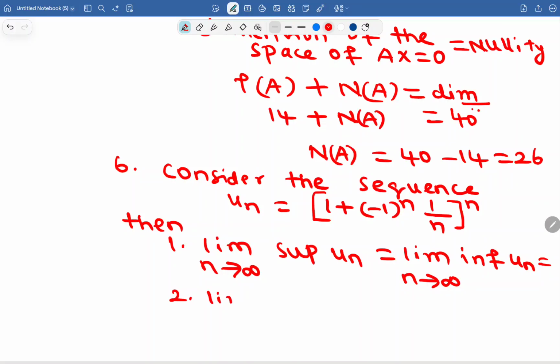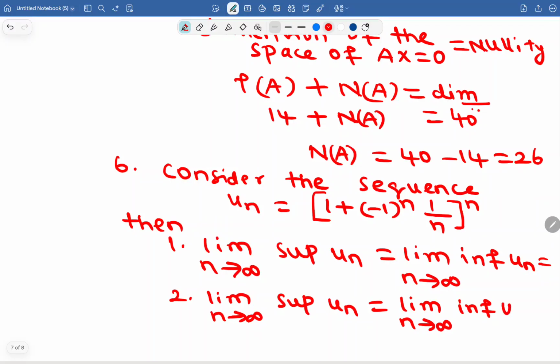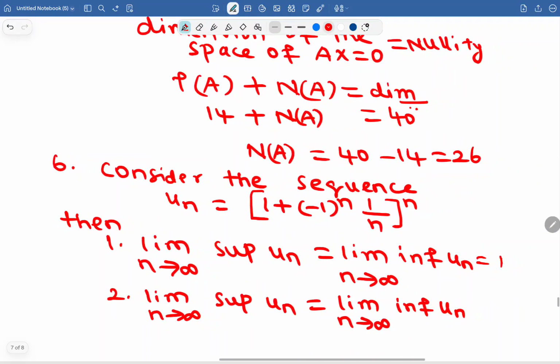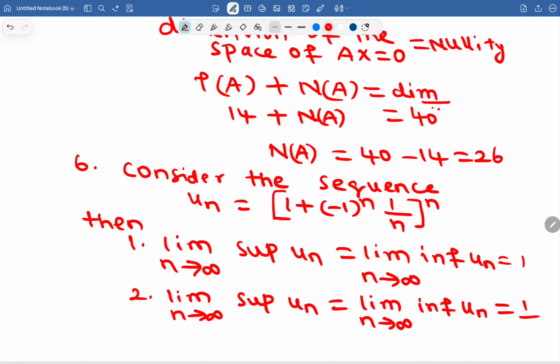Second one, limit supremum of u_n equal to limit infimum of u_n equal to 1 by e.